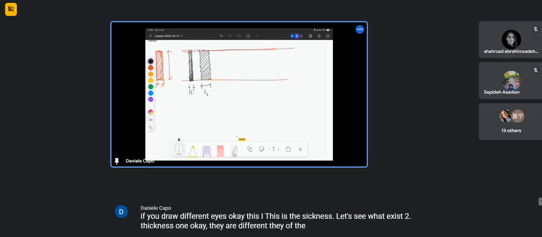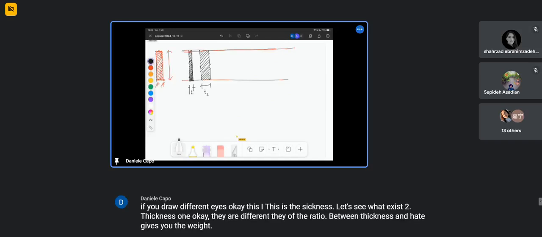Obviously the ratio between thickness and height gives you the weight of this letter.